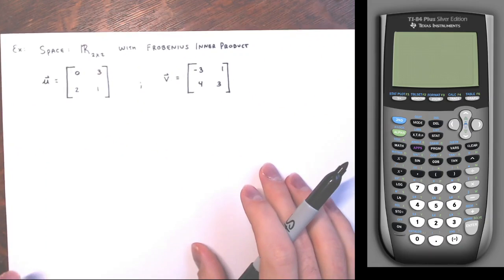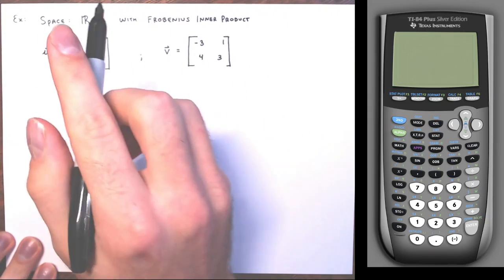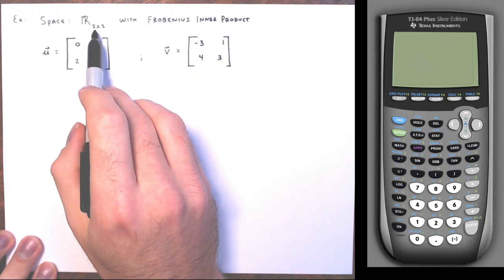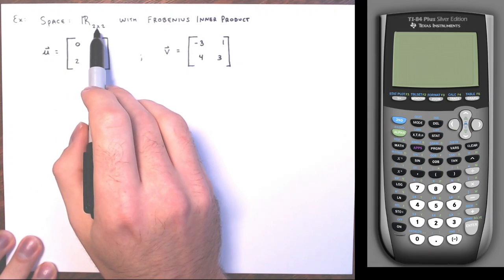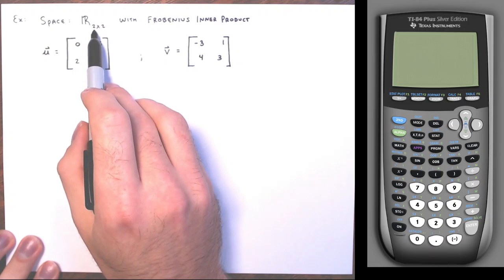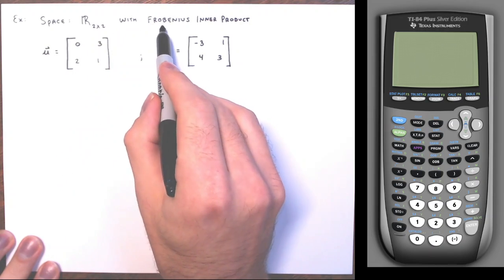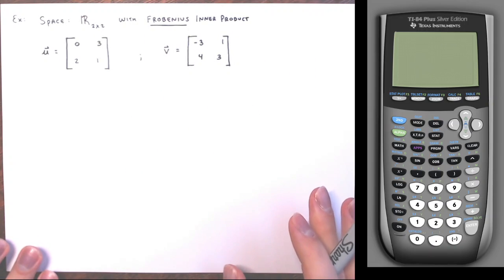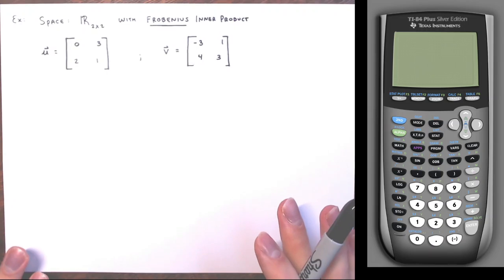All right, so this time my inner product space is the set of 2 by 2 matrices, right? R 2 by 2 or M 2 by 2, you might see in some books. The set of 2 by 2 matrices with real entries. With the Frobenius inner product, if you've been watching, hopefully you've seen enough where you've seen the Frobenius inner product. It's like the dot product.